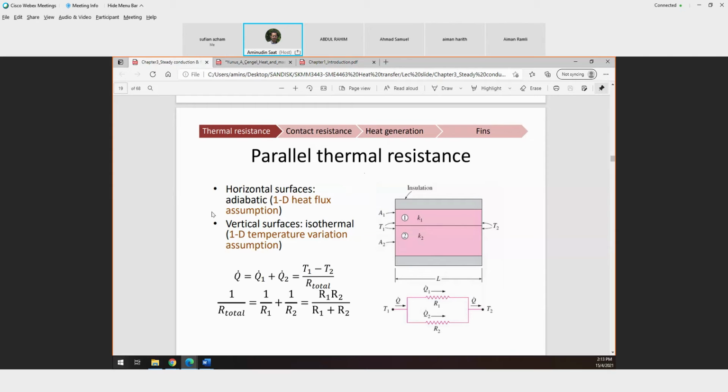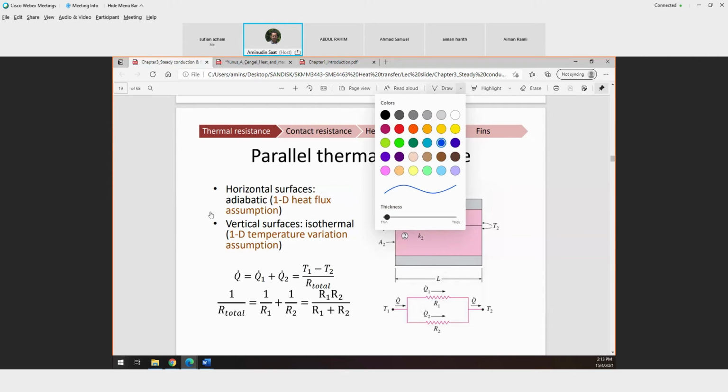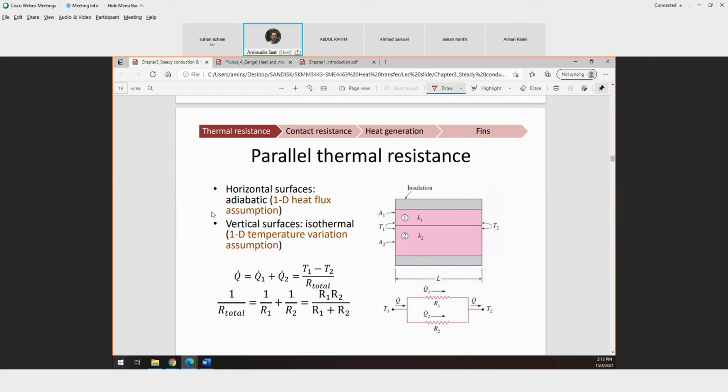You may find this is a parallel arrangement. Meaning if you have heat transfer from left to right, the heat faces materials with different thermal conductivity or different thermal properties.